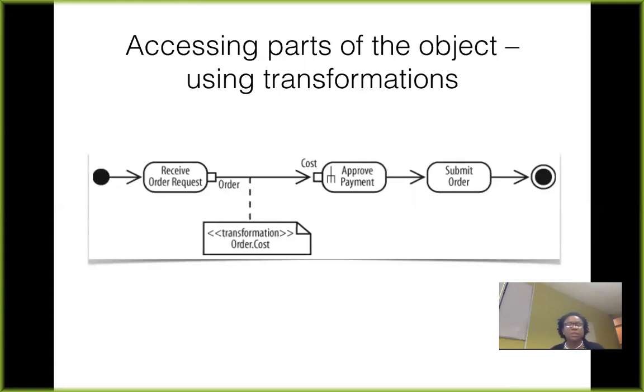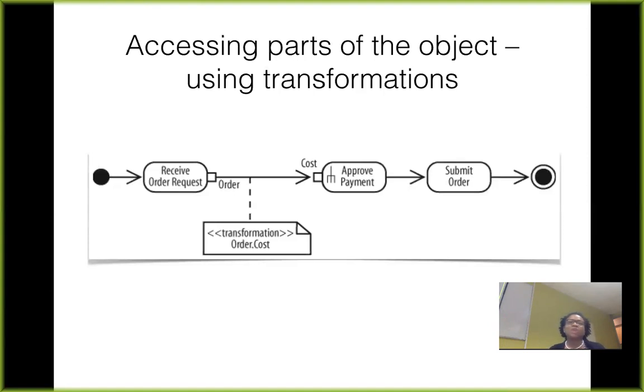So for instance, on an order, you're going to have the names of the items, the quantities of each item, the cost of the item, and so on. So at the end of receiving an order request, you have an order object, and you can send that order object onto another action, right? Everybody following me so far? Supposing that the next action, like approve payment, really only needs the costs.